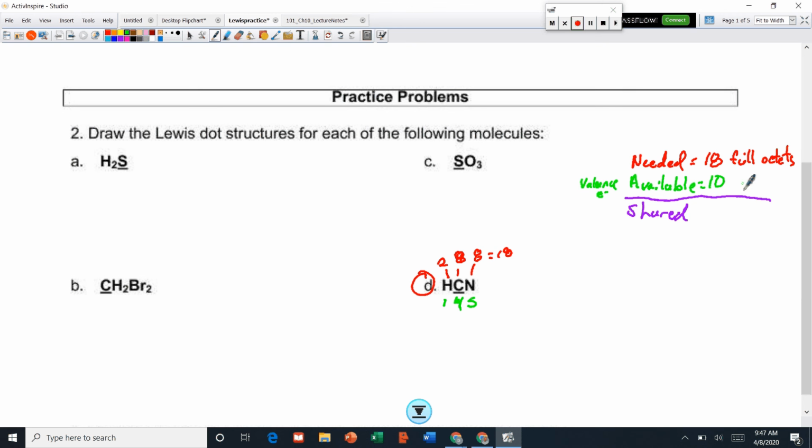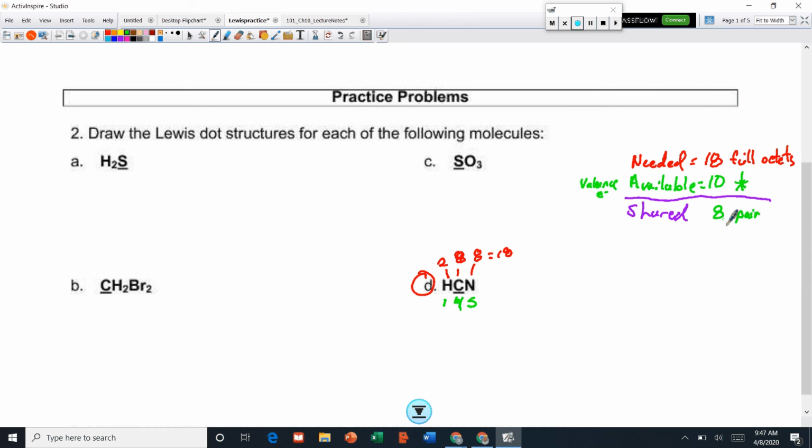This is the most important number. This is the number we have to get to at the end. All right, so that means they're sharing 8 electrons. 18 minus 10 is 8. Now, when they're sharing, they're going to share in pairs.